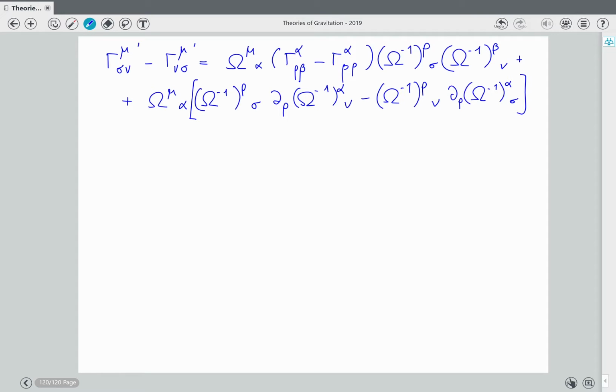Now the last piece here is indeed 0. Why? Well, first we have to observe one thing.